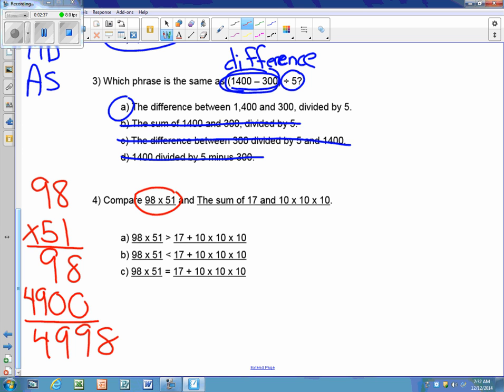And then I look over here and it tells me the sum of 17 and these numbers here. And 10 times 10 times 10 is 10 to the third power, or 3 zeros. So when I figure this out, it's 1017. When I look at my two numbers, I know that this is bigger. So since this is bigger, my answer is A.